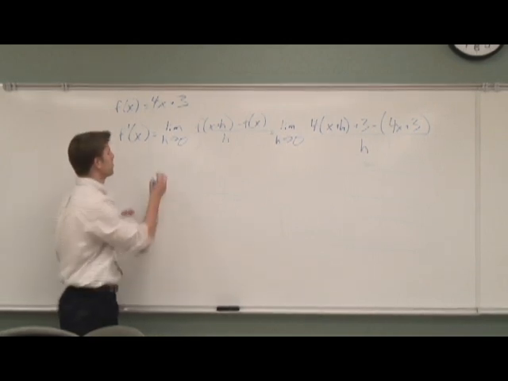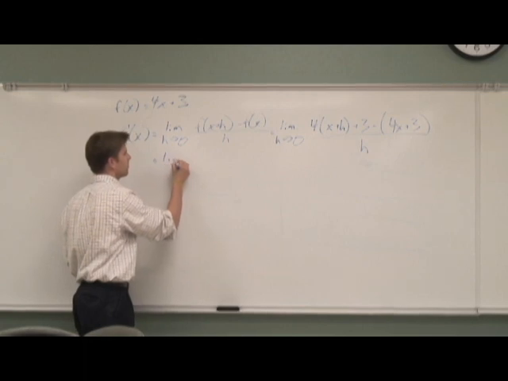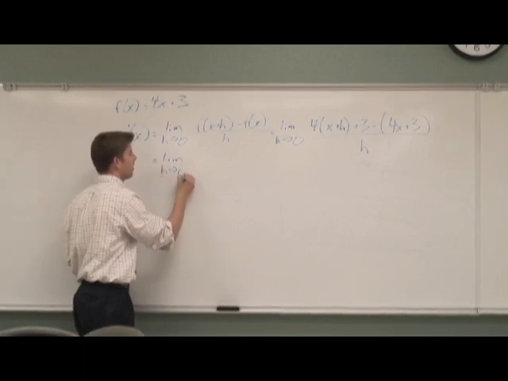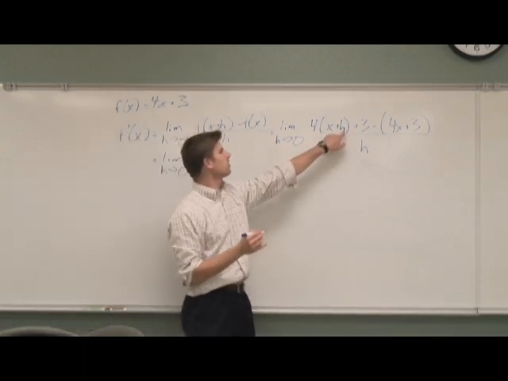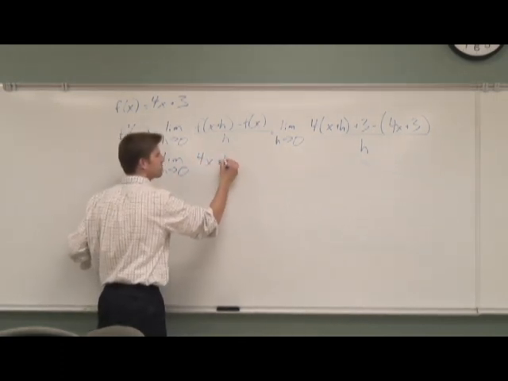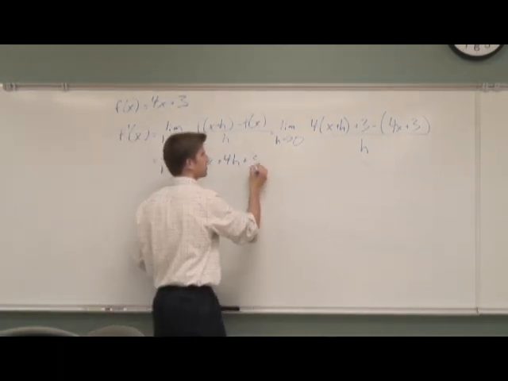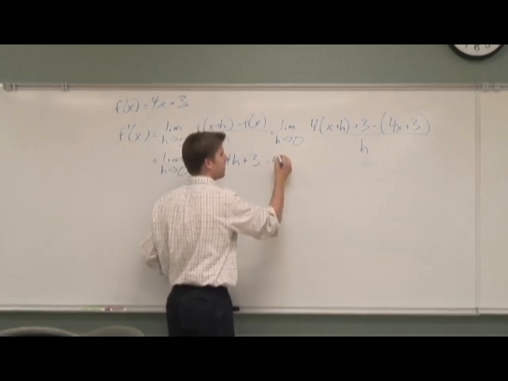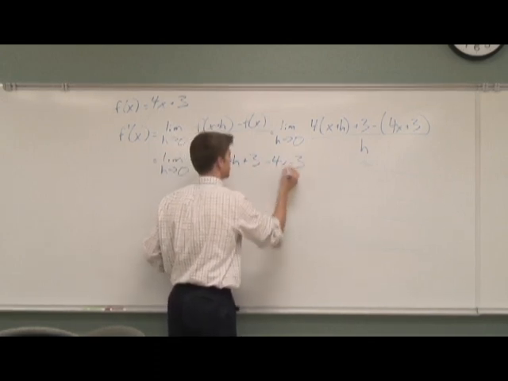Well, it's going to be 4x plus 4h. The right, so minus 4. Let's try distributing. Yeah, that's a good idea. Distribute. So 4x plus 4h plus 3. Distribute that negative: minus 4x minus 3.